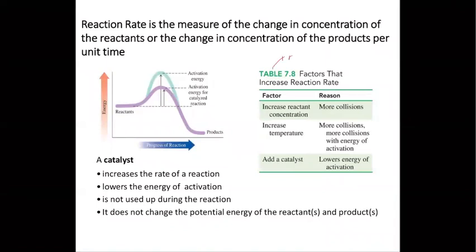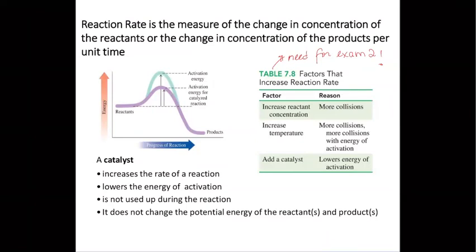So you need this table for exam 2. Okay, so as you can see, increasing the concentration of the reactants actually increases the rate of the reaction, because if you have more reactants present in your reaction, there are more collisions that actually happen.